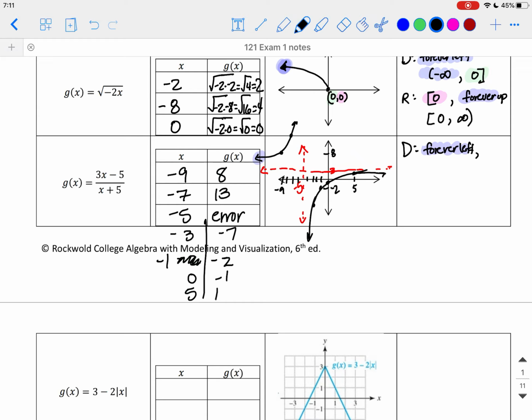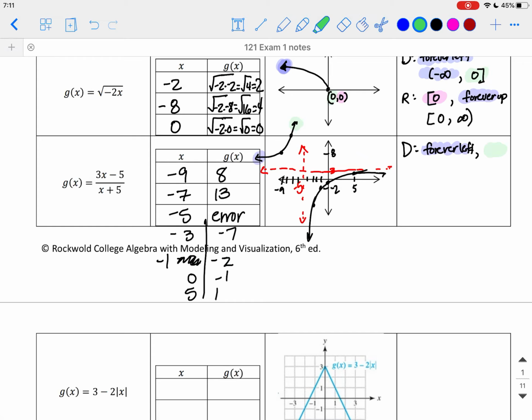Comma. And for this piece of the graph, this part right here that I'm going to highlight, that is going to end up trying to get really close to, but it never does, x equal to -5.